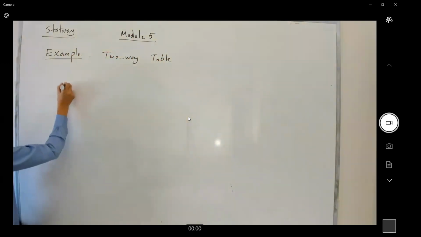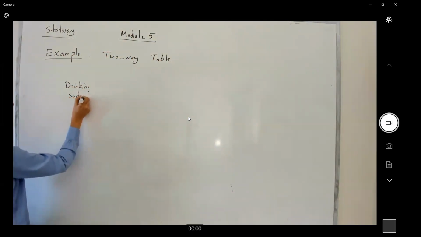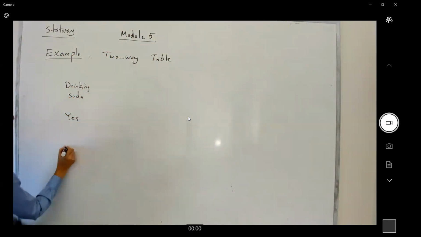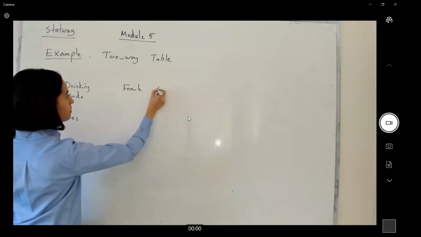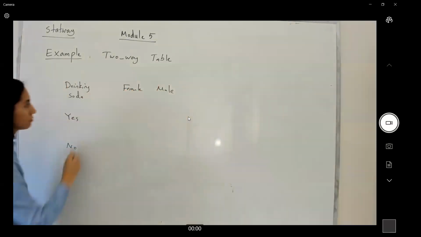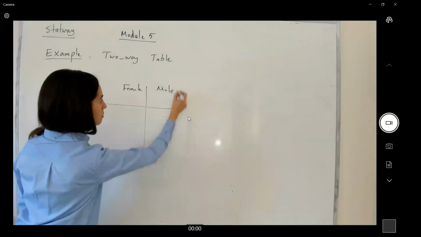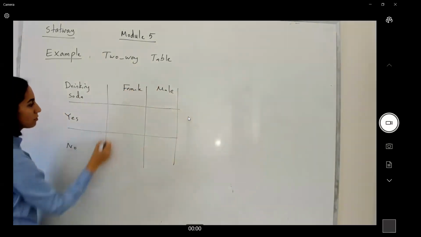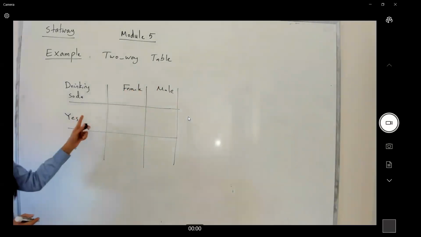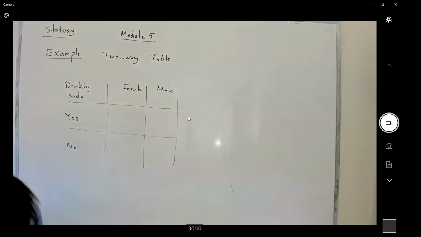Drinking soda on a daily basis, yes, no, female, male. So how many females are drinking soda on a daily basis? How many don't drink soda on a daily basis?